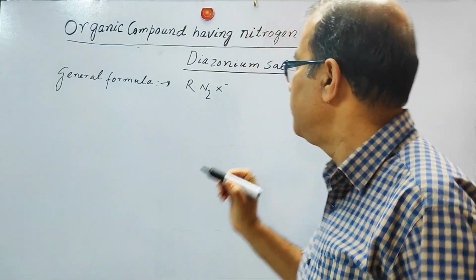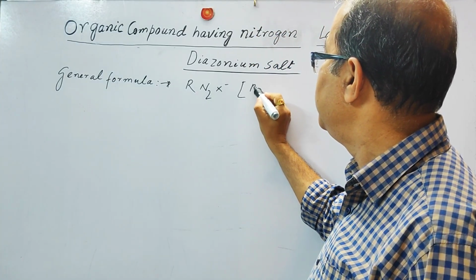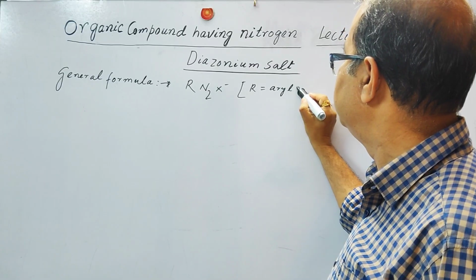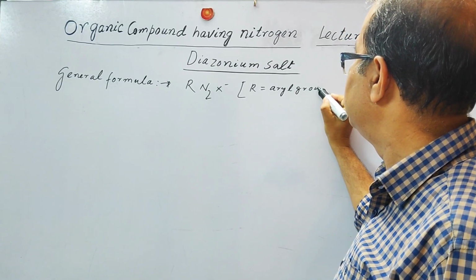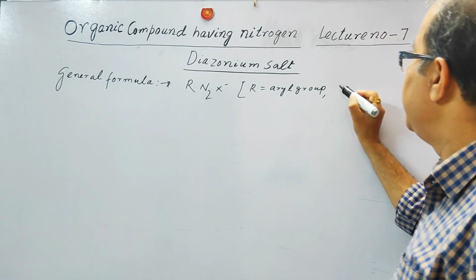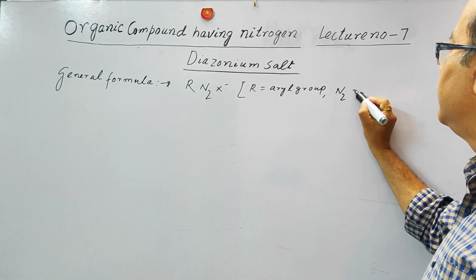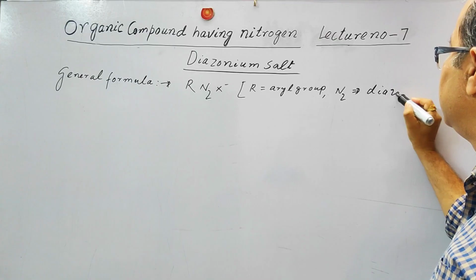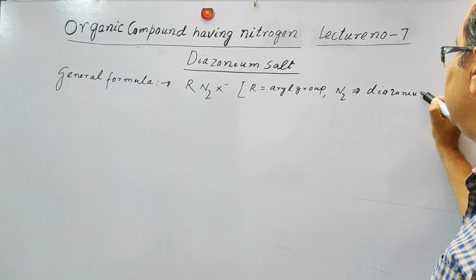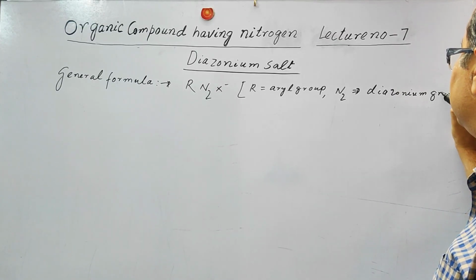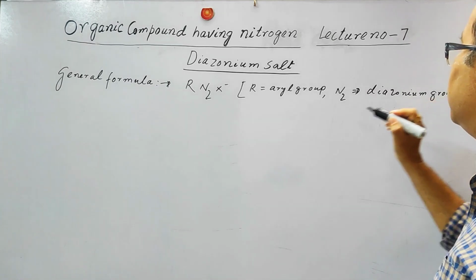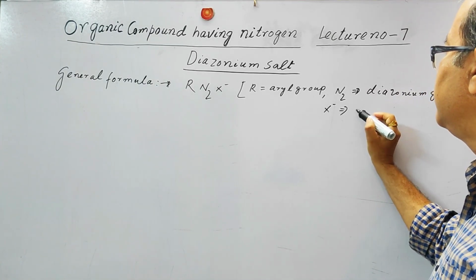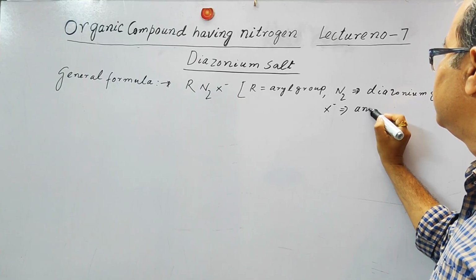R stands for the aryl group, N2 stands for the diazonium group, and X minus stands for anions.